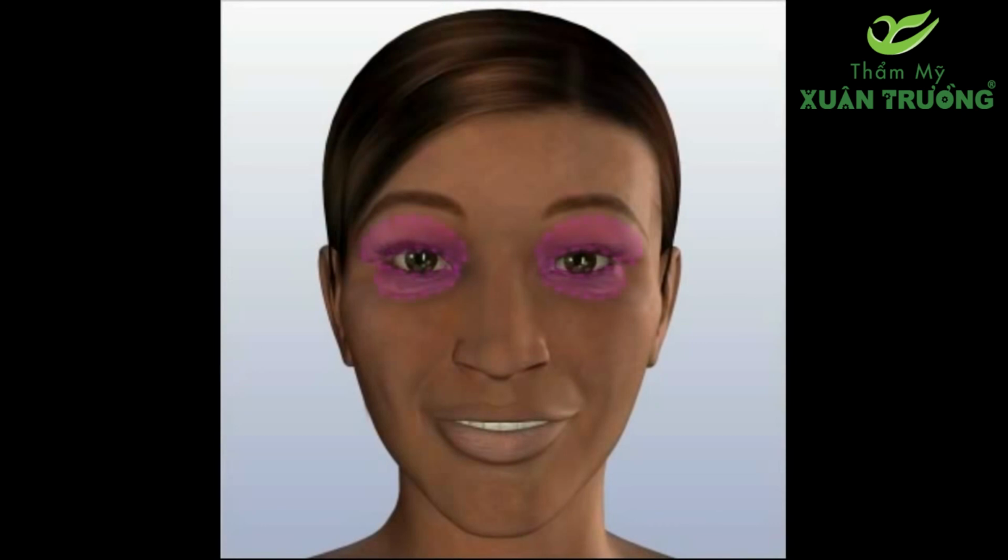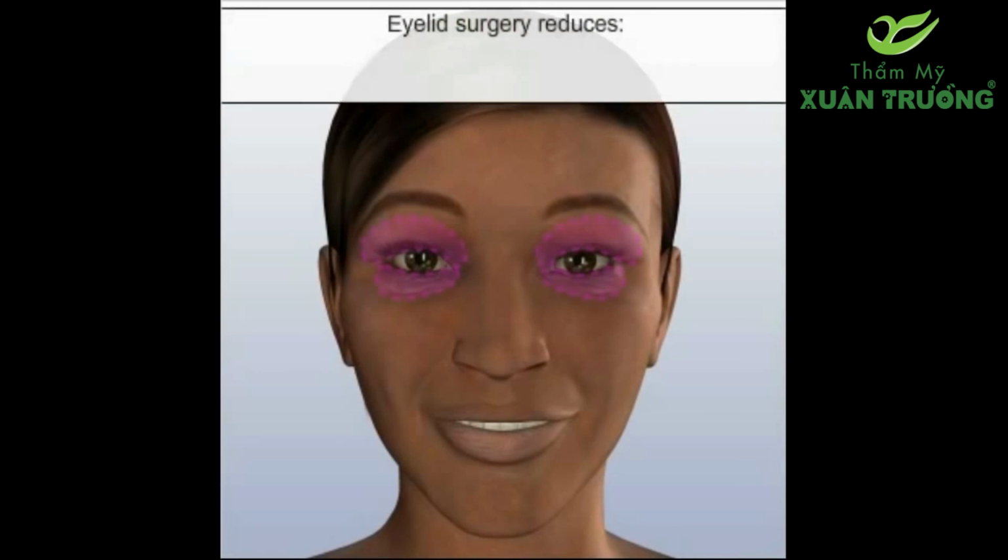Over time, the eyes undergo changes that often make people feel as if they appear sad or tired. The aging process can cause the eyelids to sag and droop, which in combination with bags and puffiness can make you look tired and older than you really are. Eyelid surgery can help freshen and revitalize your face by reducing the appearance of heavy and sagging eyelids, puffiness, and bags.